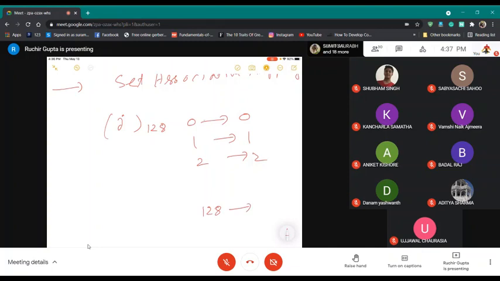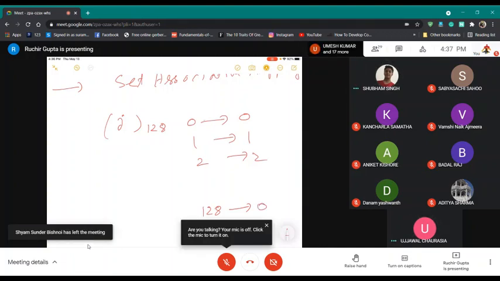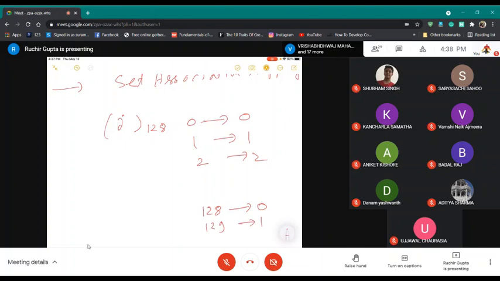Zero location. If it is 129, it will be stored at first location. So at 0 location, you will be storing 0, 128, 256, and likewise.